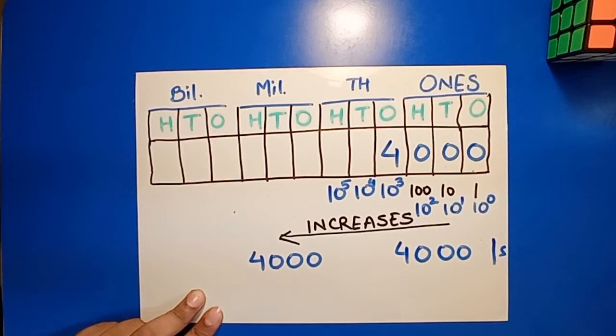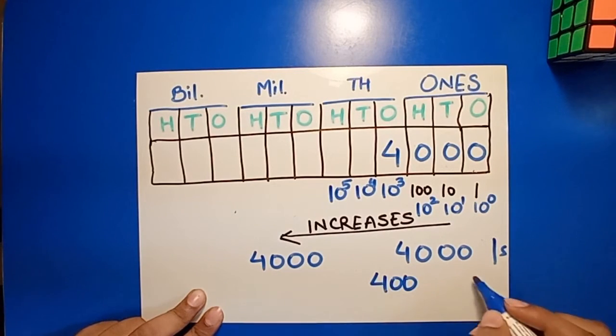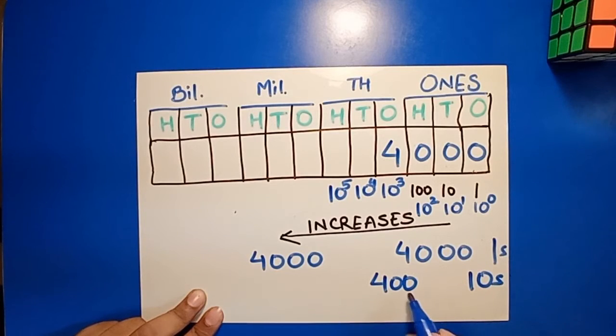If I write 1 4,000 times, it becomes 4,000. It is also 400 tens. So you will see a pattern gradually. 40 hundreds. Do you see a pattern? And it is of course 4 thousands.